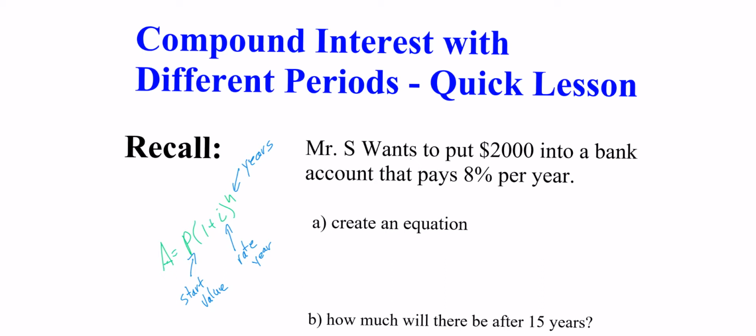Based on this, every equation that we did in the last couple days looks something like this. Mr. S wants to put $2,000 into a bank account that pays 8% per year. Every time we do these problems, we start off by creating an equation. A = 2,000, which is our start value, times (1 + i), where i is the rate per year, which is 8%.